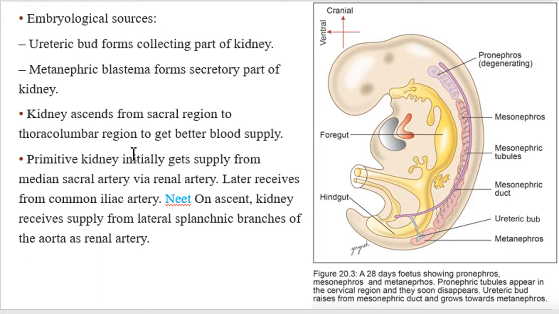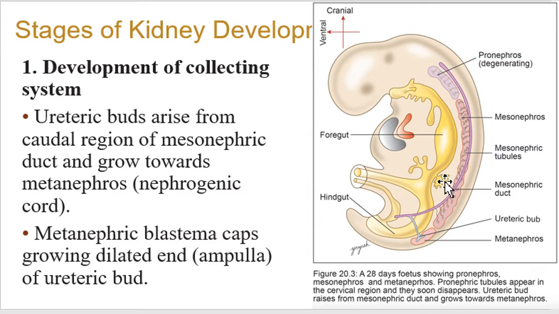The collecting part develops from the ureteric bud. In the intermediate mesoderm, a duct develops. It is known as the mesonephric duct, running from the cranial to the sacral part.